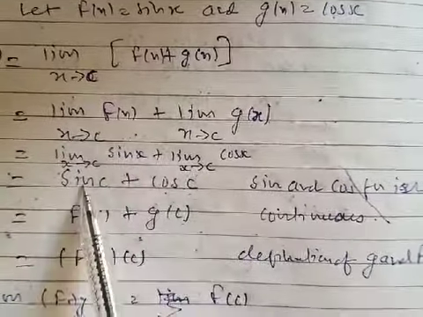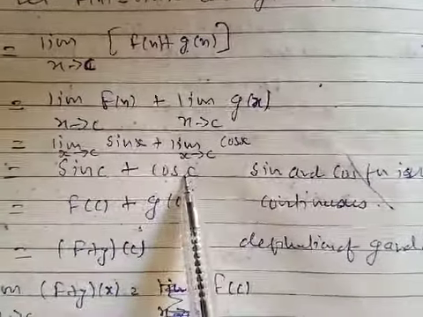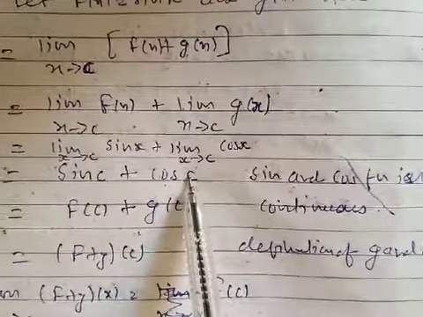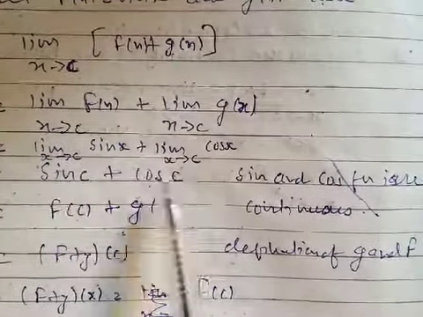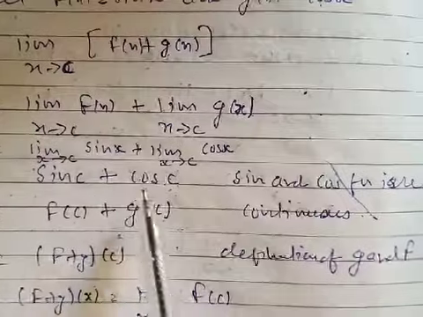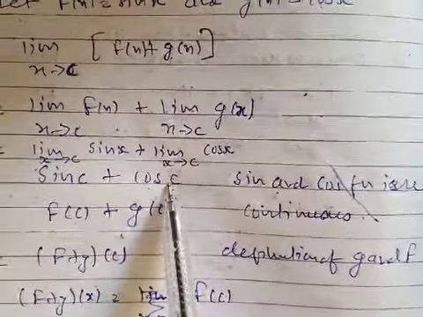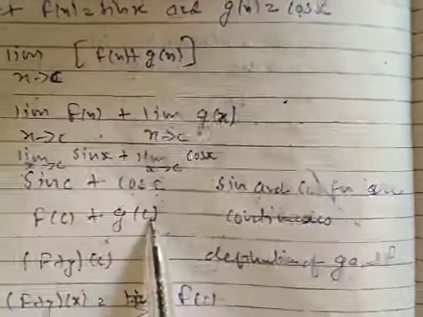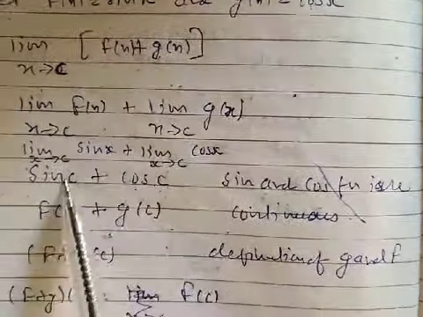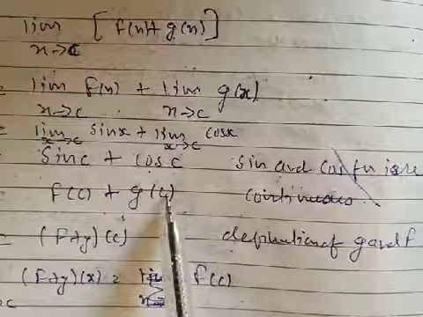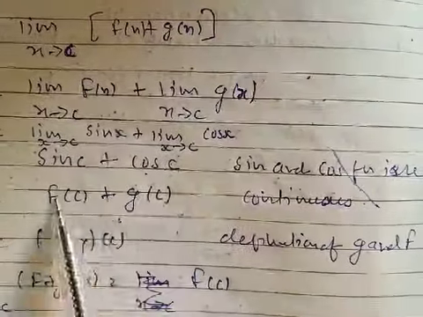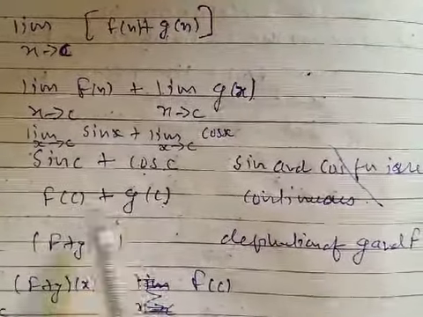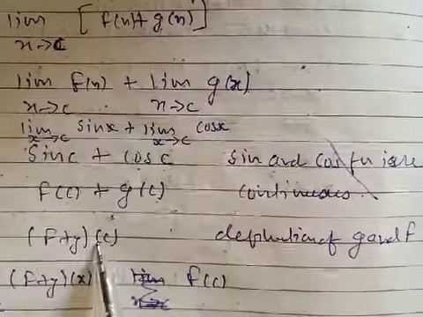What is this? Sin c and cos c. Sin c and cos c are constants. Sin c is constant, cos c is also constant, so we can write it as f of c plus g of c. If you take it by the definition, that is (f plus g) of c.